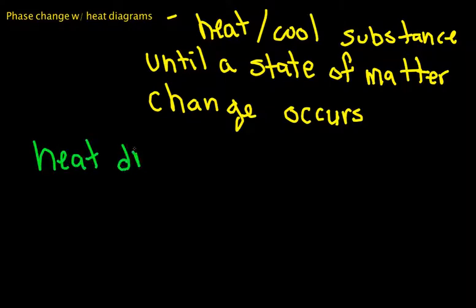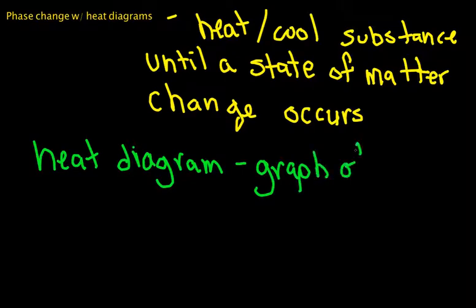A heat diagram is just a graphical representation of the energy exchange, whether it's coming into the substance or leaving the substance. So it's a graph of the energy exchange or transference.